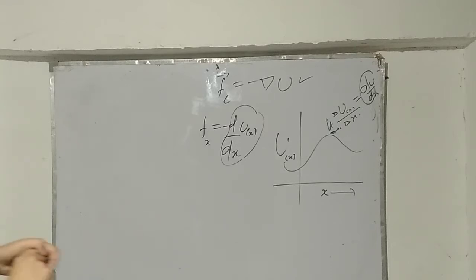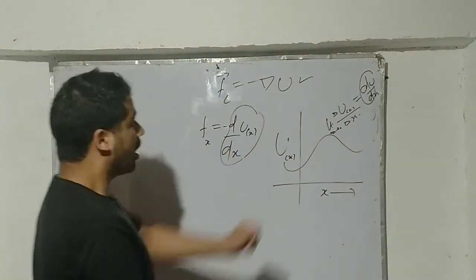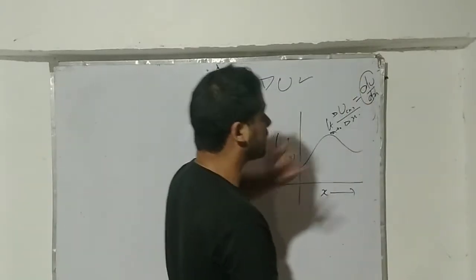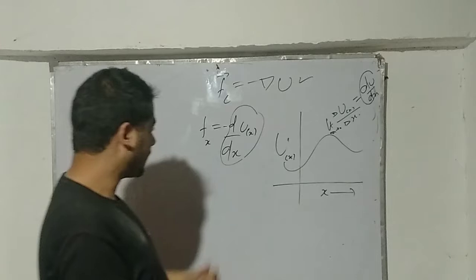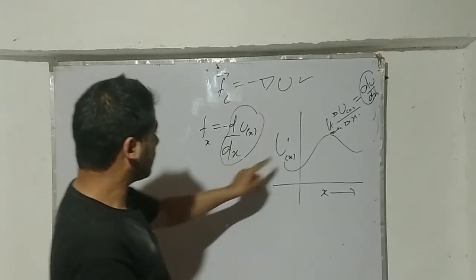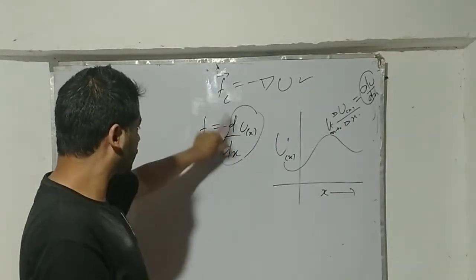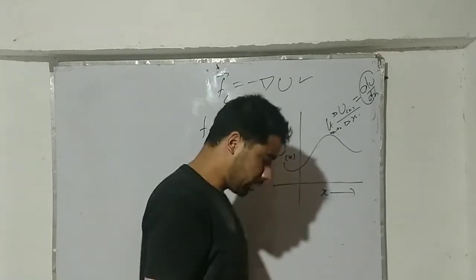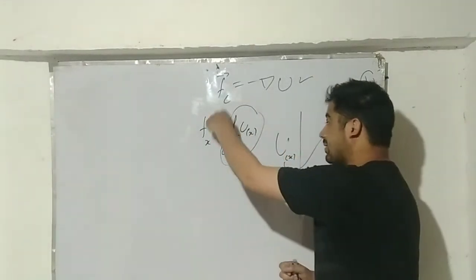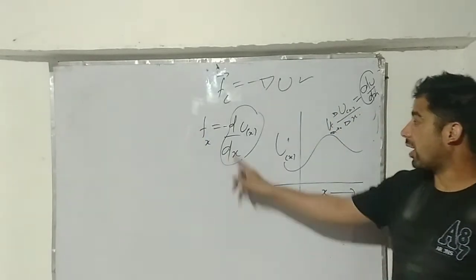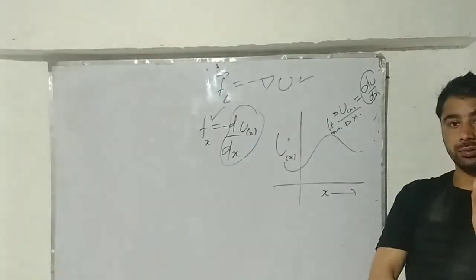When we look at this kind of variation, I get the slope, which is nothing but dU by dx, using a limiting condition. At the same time, this dU by dx is related to the force. When we talk about the conservative force and the slope is known, I can figure out that force.